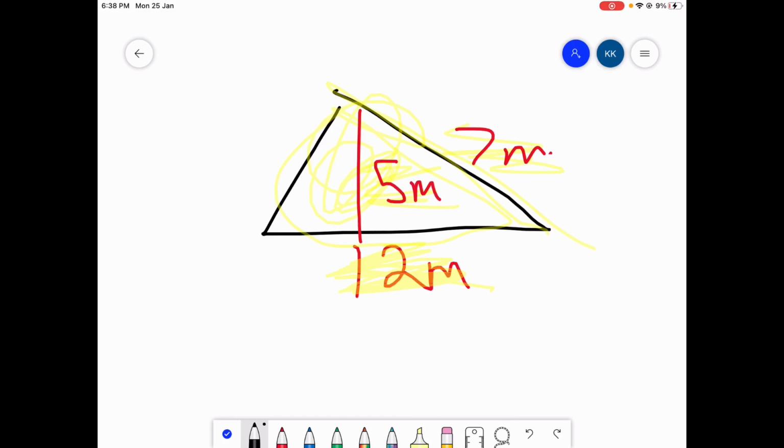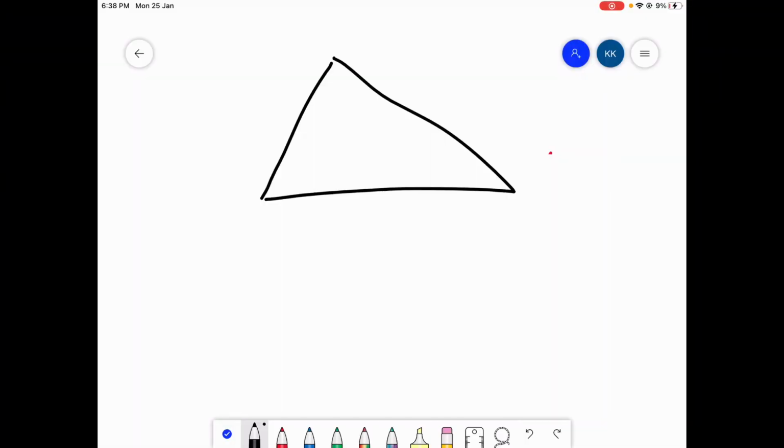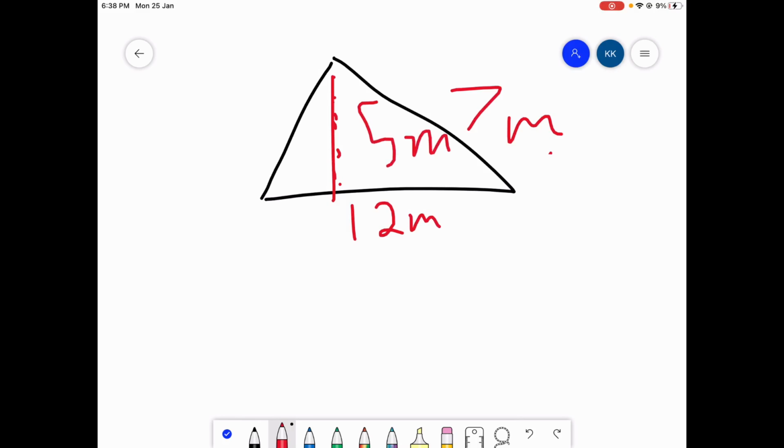So we have the formula. Let me write it again. It's 12 here, 7 meters here, and 5 meters here. We said the 7 meters side was not the height. So let's do the formula now.